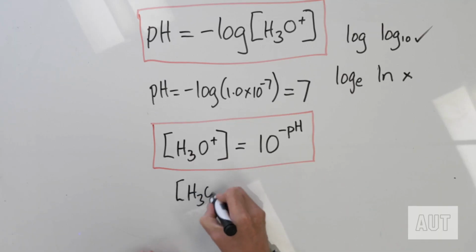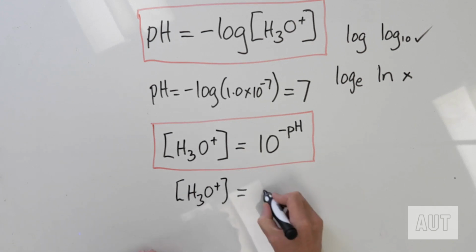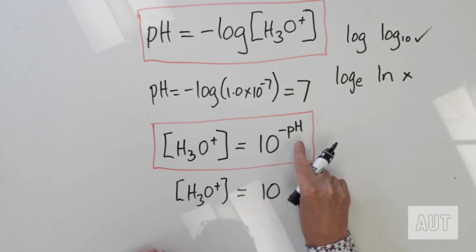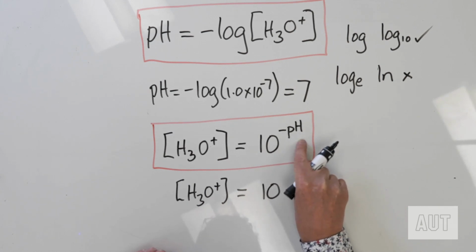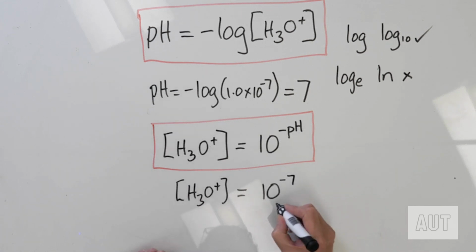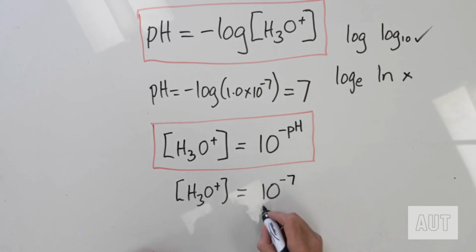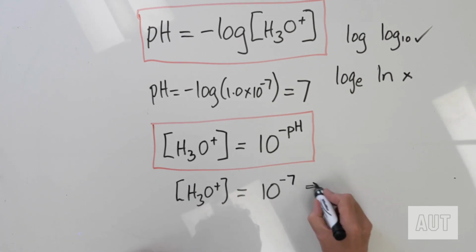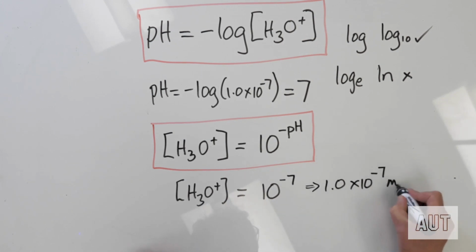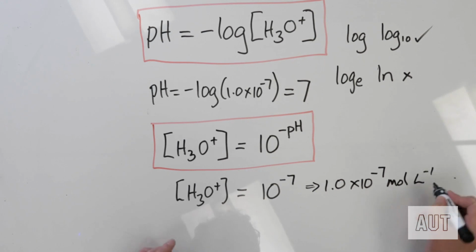So in pure water, the H3O plus concentration is going to be 10 to the power of the negative of the pH, which is 10 to the minus 7, or more correctly written, 1.0 times 10 to the power of minus 7 mole per litre.